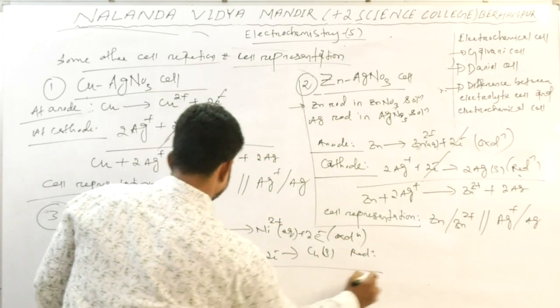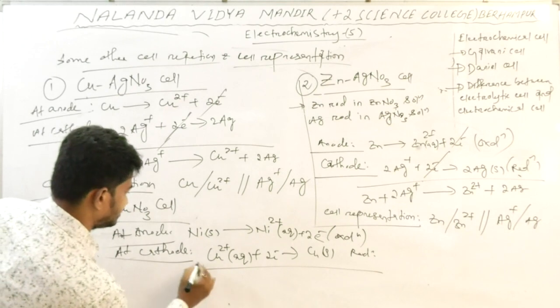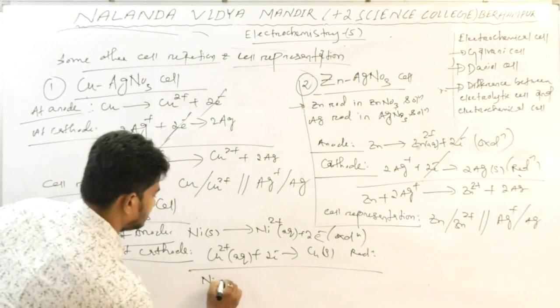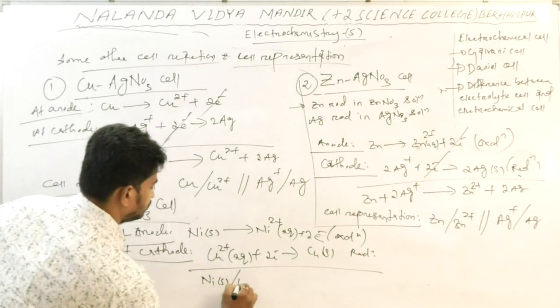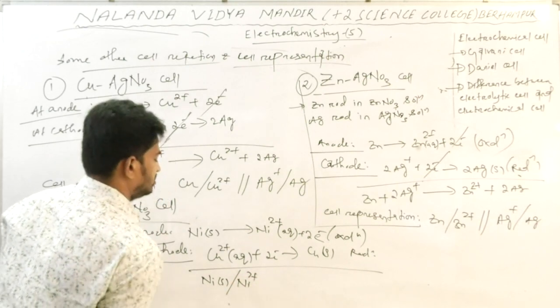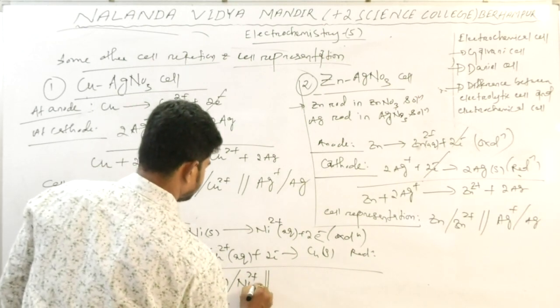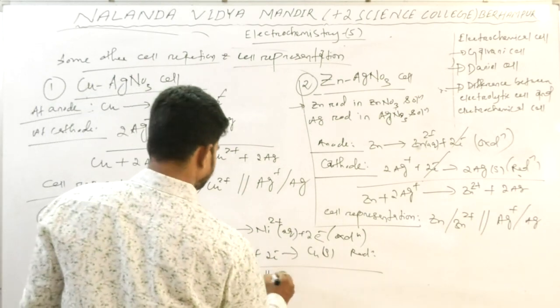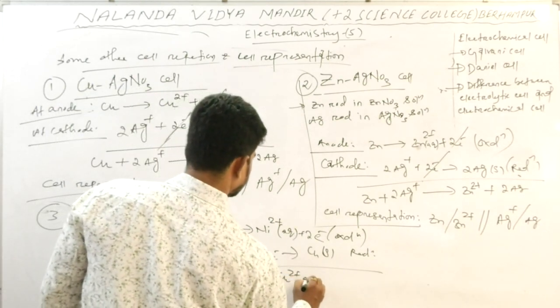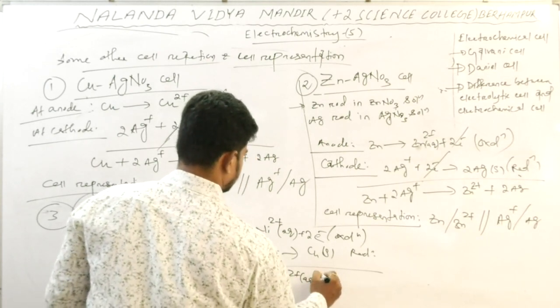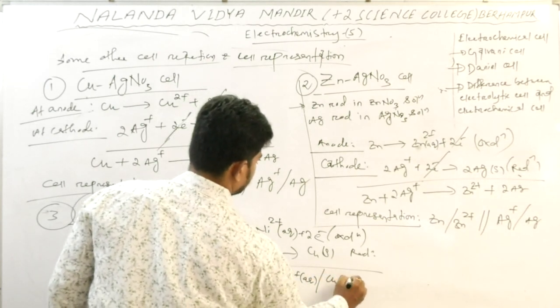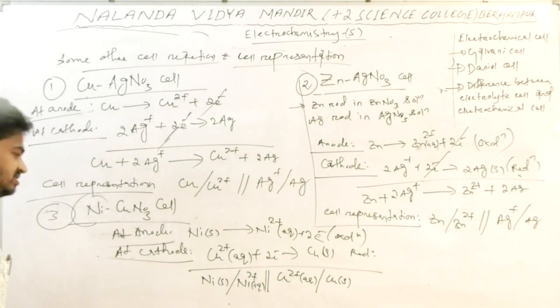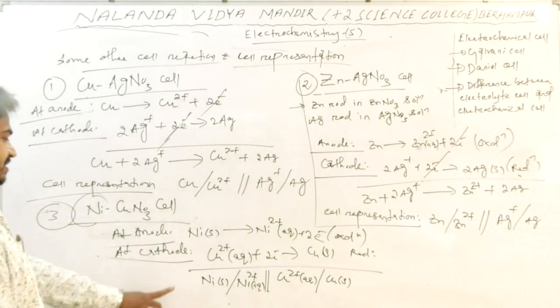So the net cell reaction will be nickel solid to nickel 2 plus, salt bridge, then copper 2 plus in aqueous condition to copper solid. This is the cell representation.